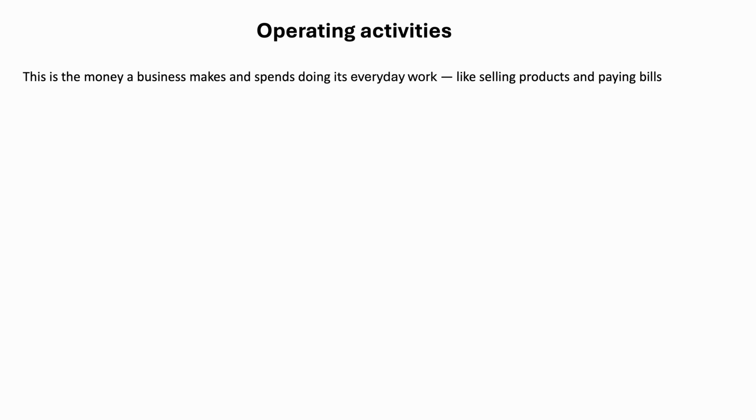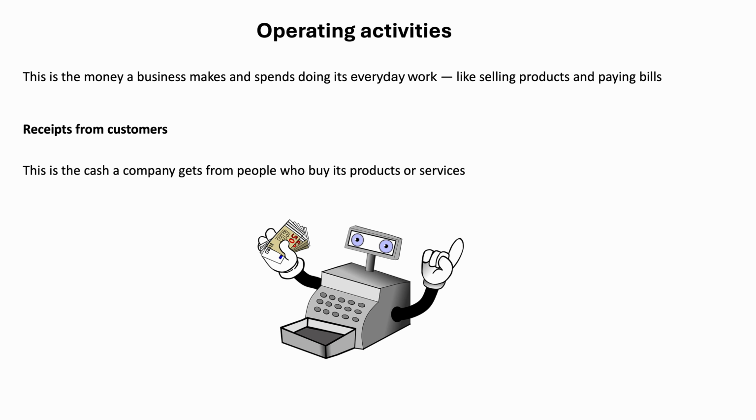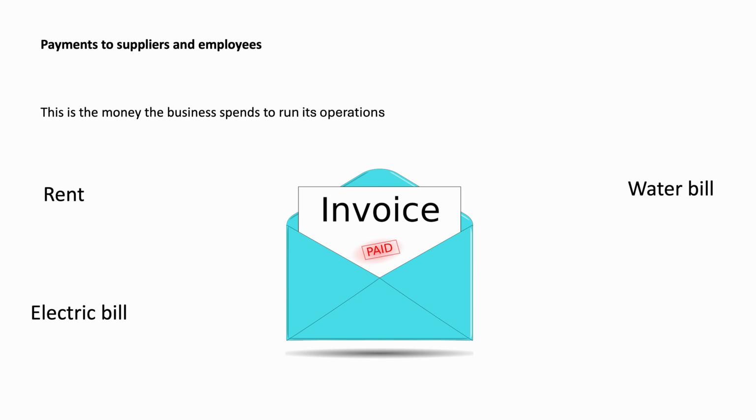Operating activities include receipts from customers, and this is the cash a company gets from people who buy its products or services. There are also payments to suppliers and employees. This is the money the business spends to run its operations. This includes expenses like rent, electric bills, and water bills. Sometimes the business has to pay interest on loans or income tax to the government.